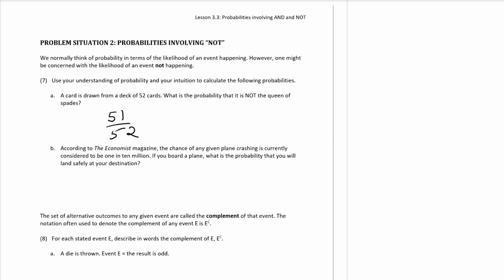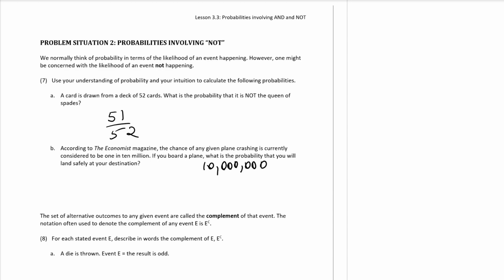Here's another one. According to The Economist magazine, the chance of any given plane crashing is currently considered to be 1 in 10 million. If you board a plane, what's the probability that you will land safely? Well, safely means that it's 1 taken away from 10 million.